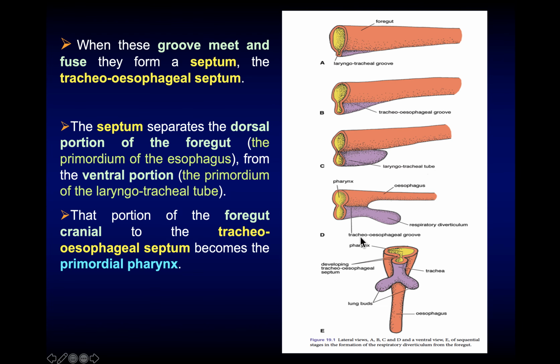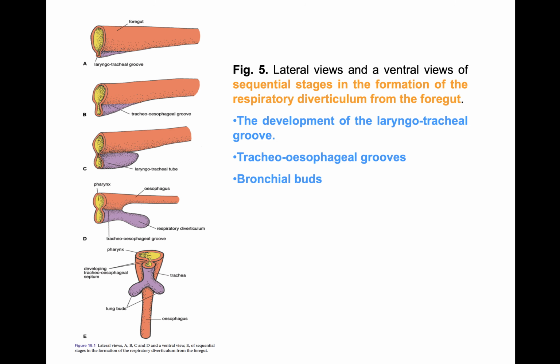We can see here the cranial portion. This area here will result in the formation of the pharynx, whereas the cranial portion of this tube, which is the laryngotracheal tube, will result in the formation of the larynx.